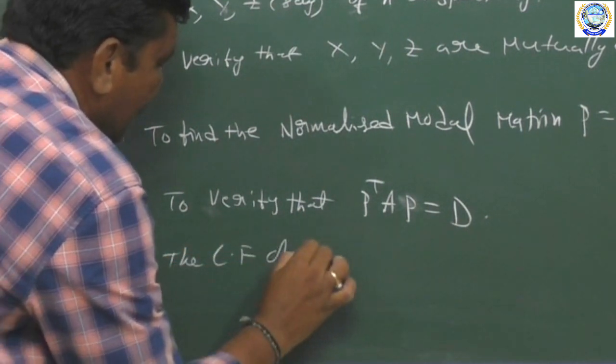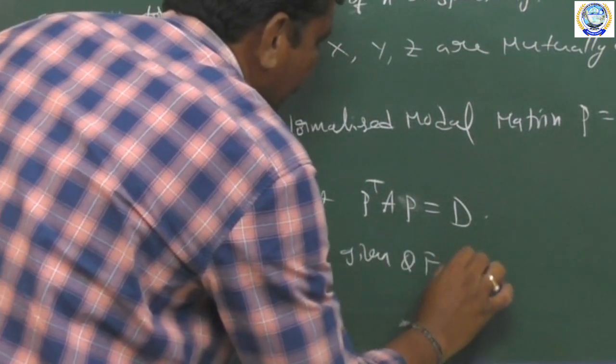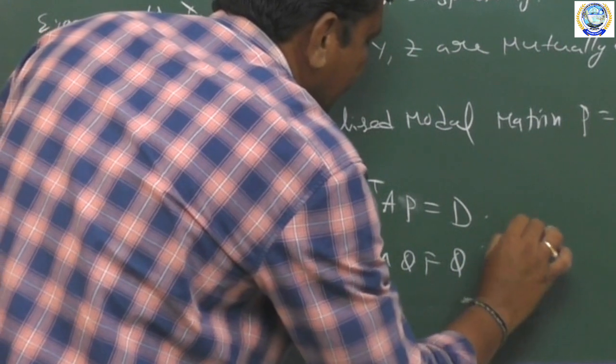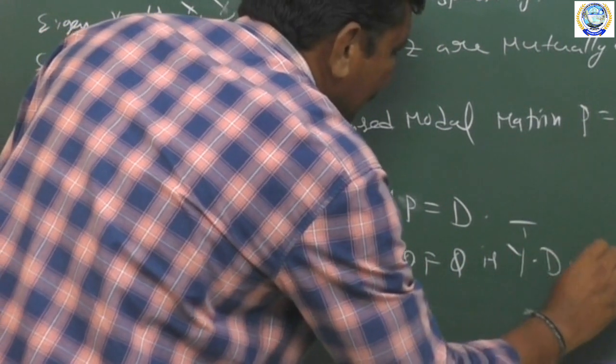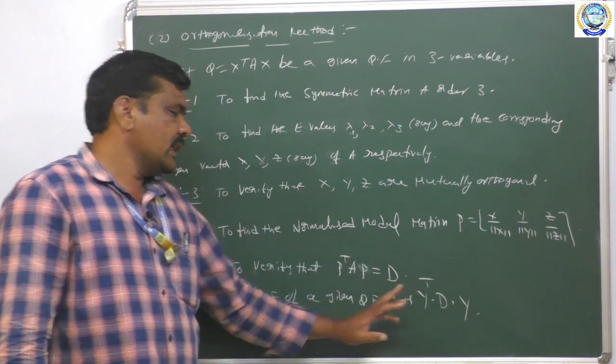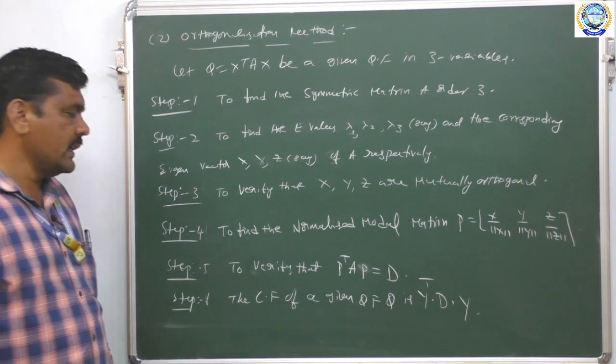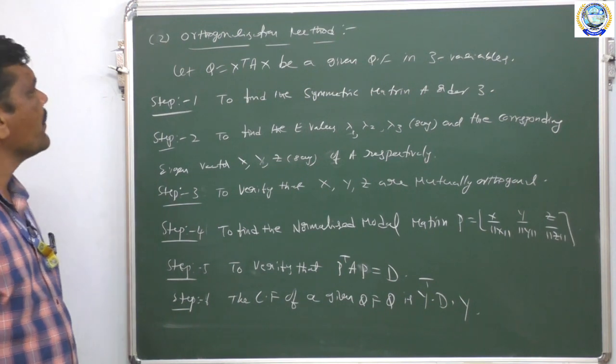The canonical form of a given quadratic form Q is Y transpose D Y. From this canonical form, we find out the rank, index, signature, and the nature of the quadratic form.